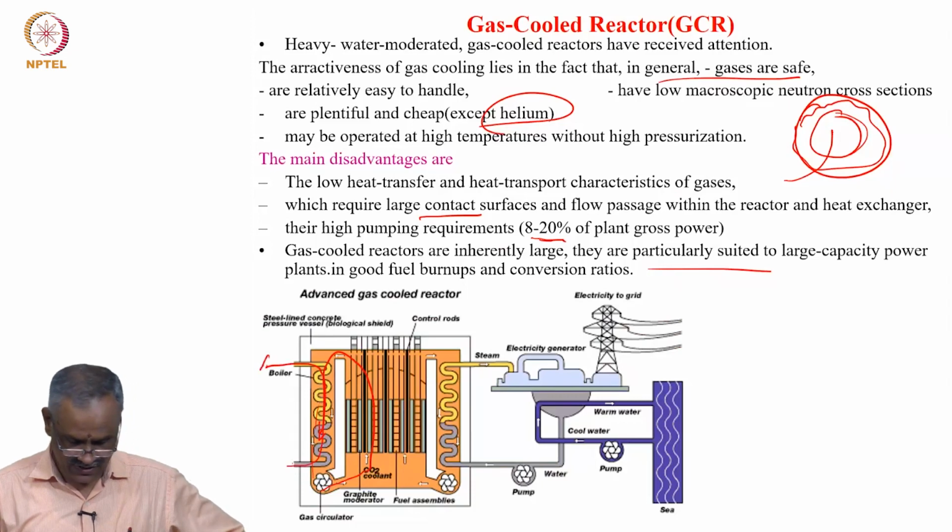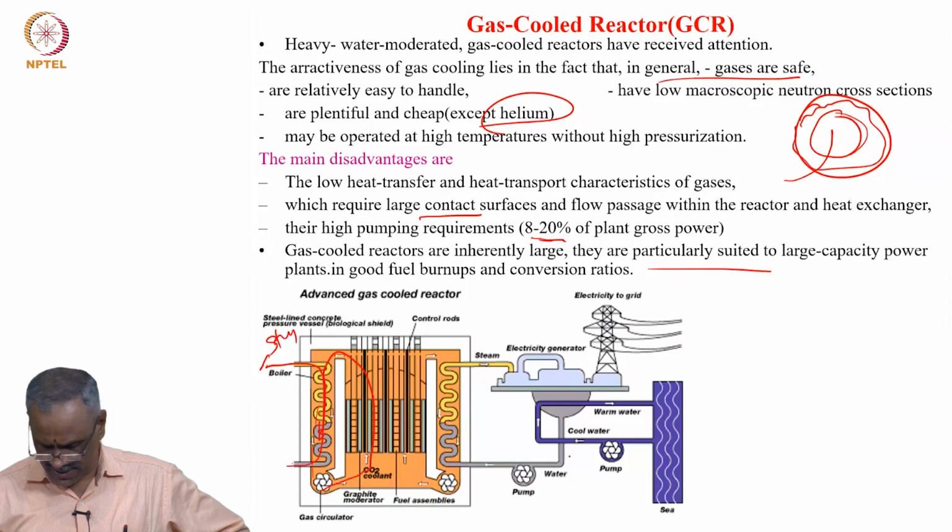This is circumferential, and all these pipes are connected, and then it produces steam here. This is the steam going out from the boiler, and the rest of the part is the same. This is the Rankine cycle, and of course, this is a cooling tower, all this.